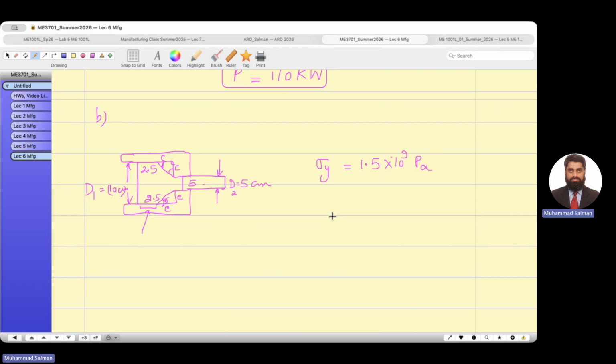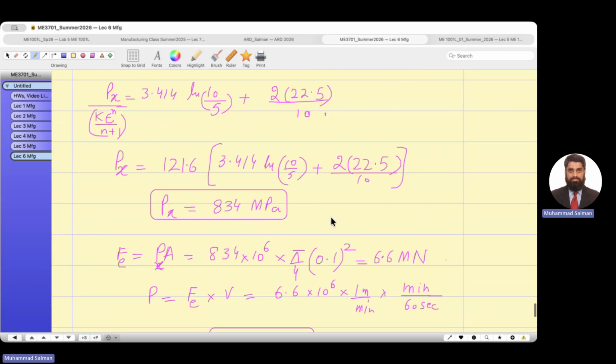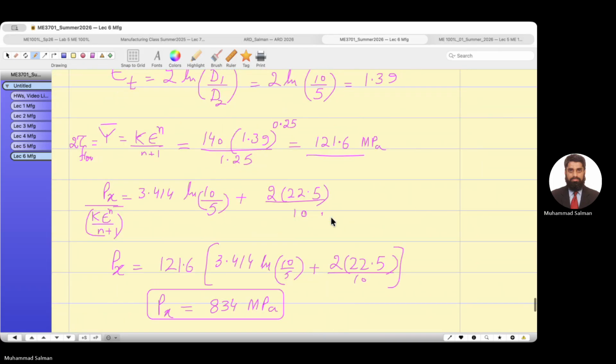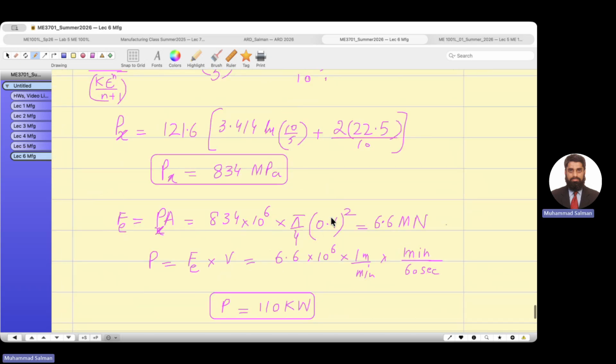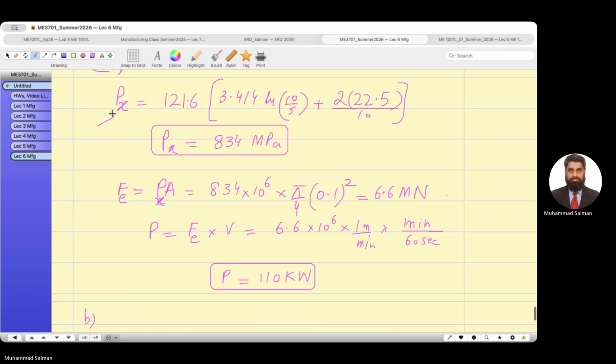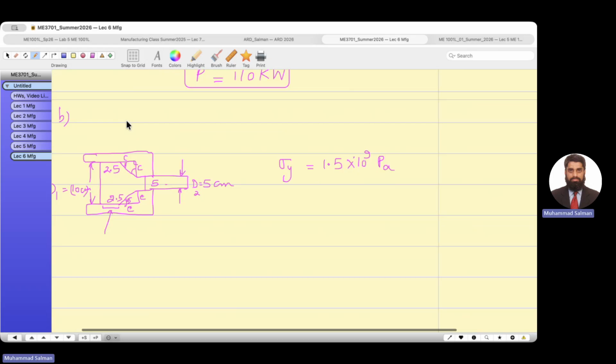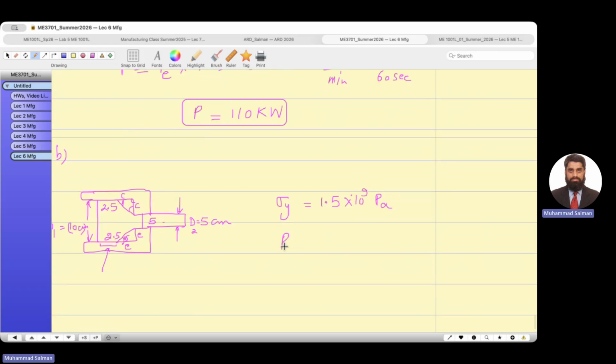So the RAM which pushes the material through the die has a yielding stress of 1.5 gigapascal. And what is our stress? Our pressure, which is applied here. So this is my Px. Pressure can also be written like sigma x.